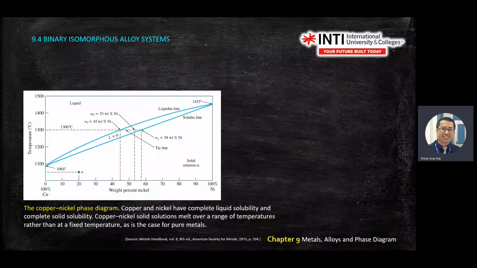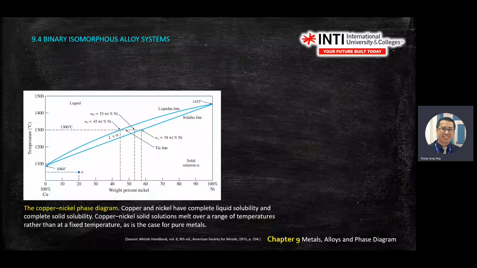For example, if I pick this point at 1300 degrees C, how do I know what elements I have? Your answer: you move down here, you get 45%. 45% of what? Nickel.